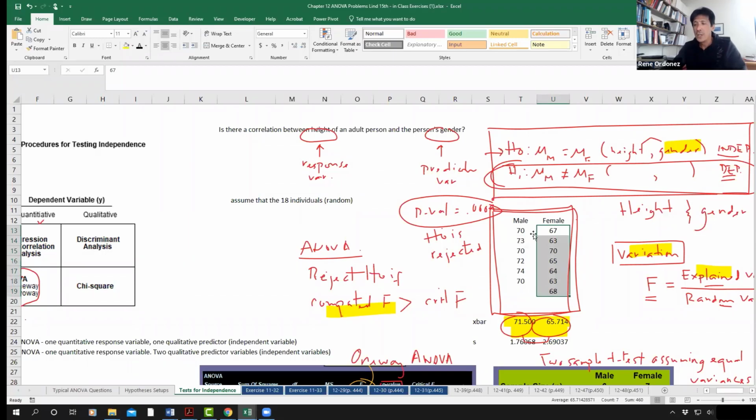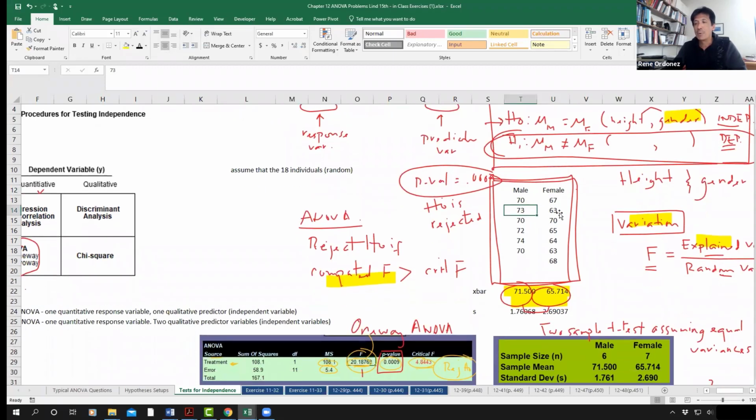You'll note here that the response variable, which is height in inches, is quantitative, meaning it's measured, whereas the predictor variable is the gender of the student. Gender is a classification or qualitative variable.